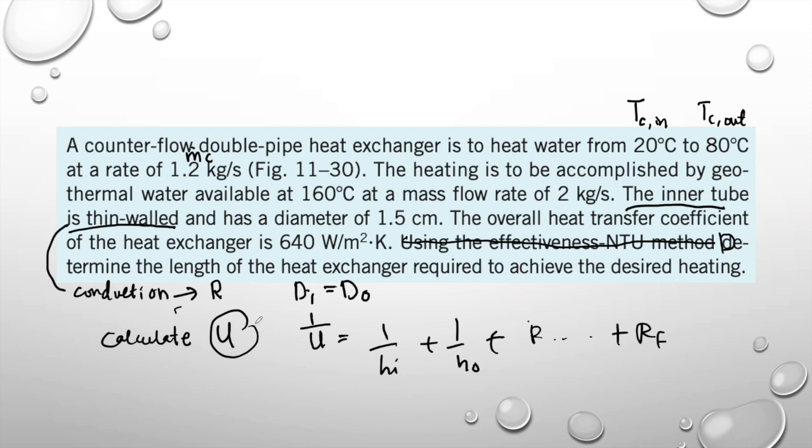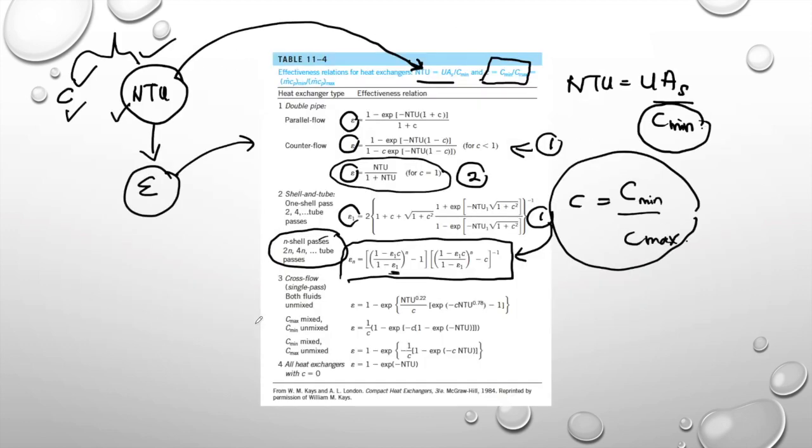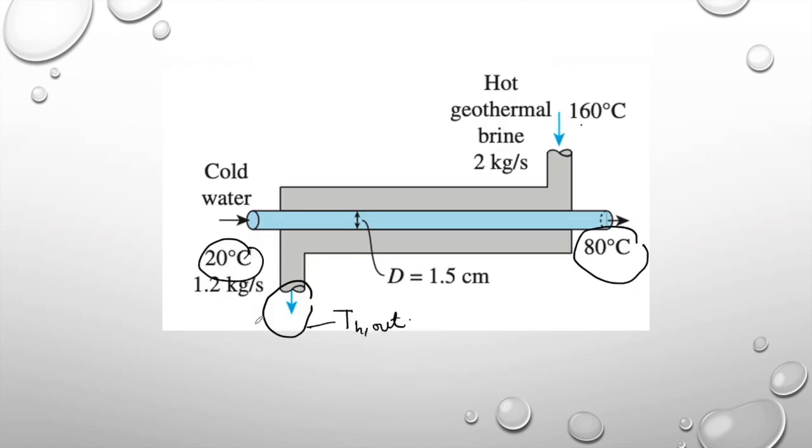Okay, now we go to this question. So we have a counter flow double pipe, and then we have T inlet for both hot and cold, and then we have only one outlet for cold water, which is a temperature outlet for the cold water, which is 80 degrees Celsius. And then the mass flow rate for both liquids has been given in this question.